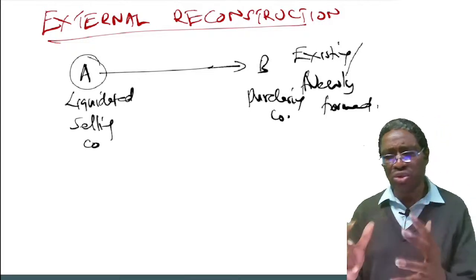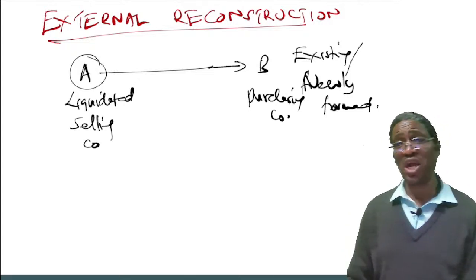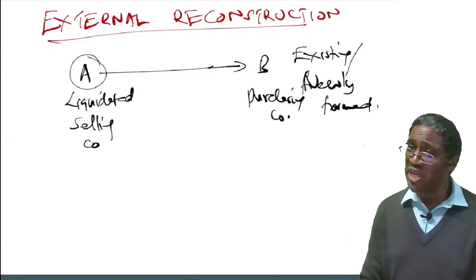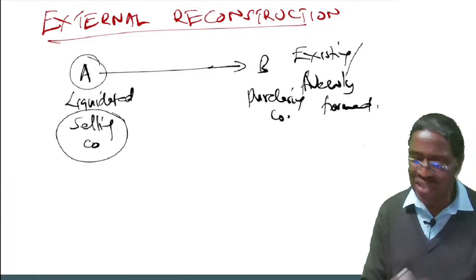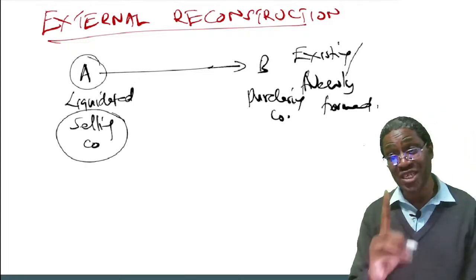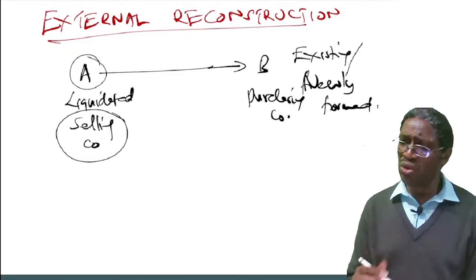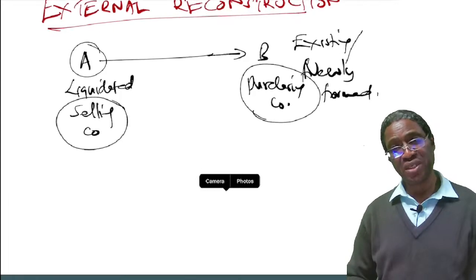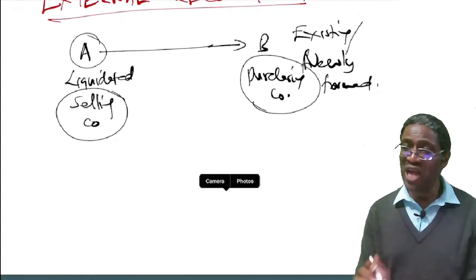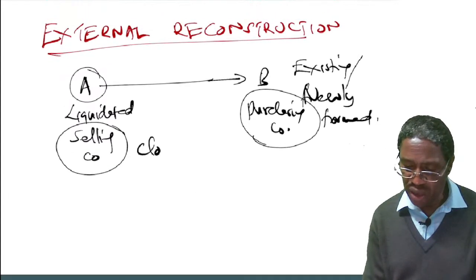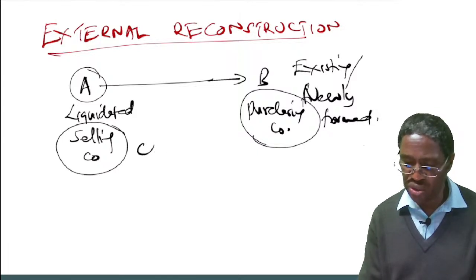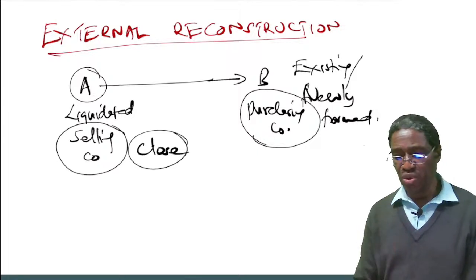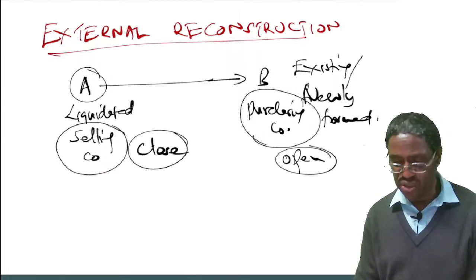In most questions in this area of external reconstruction, the examiner will ask you to show the entries in the books of the selling company. Remember, they must liquidate themselves. The examiner will also ask you to show the entries in the books of the purchasing company. Company A will have to close their books, while company B will be required to open their books.